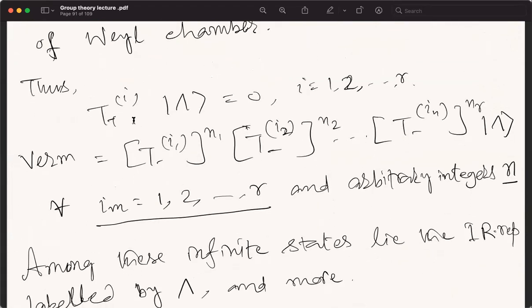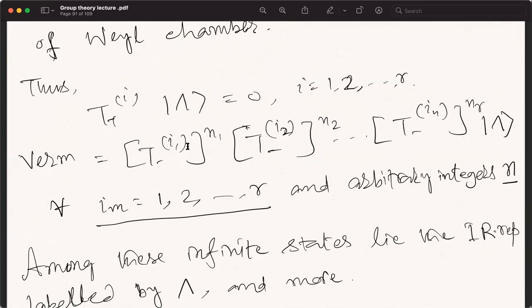Thus t plus I acting on this lambda is basically 0, because it's the highest state, for all possible choices of i from 1 to R. Then the Verma module will be a collection of all possible states that you can generate, right?